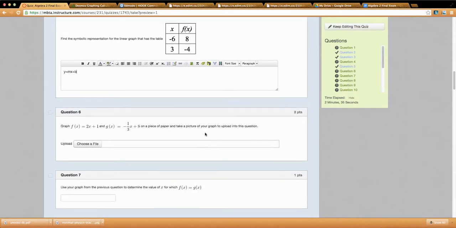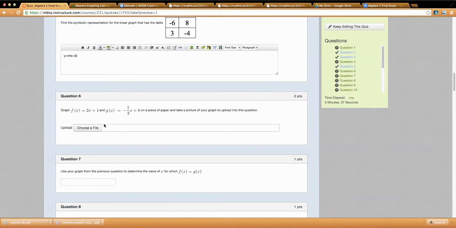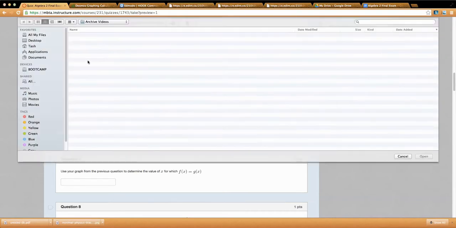All right, question number 6, I want you to graph f of x equals 2x plus 1 and g of x equals negative 1/3 x plus 8 on a piece of paper and take a picture. So you just graph it on a piece of graphing paper or whatever, and choose a file.